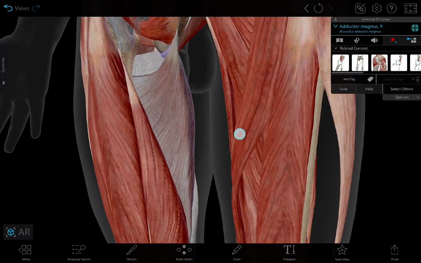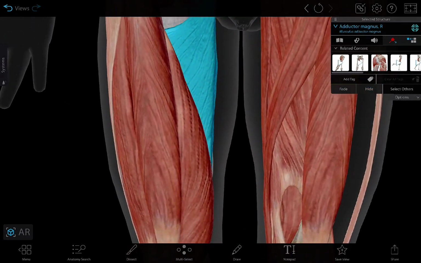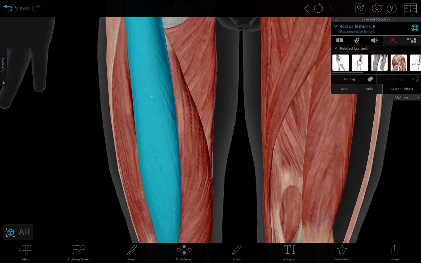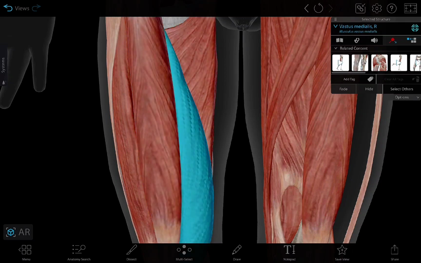You'll get an even clearer view when I remove these three muscles: the vastus medialis, vastus lateralis, and the rectus femoris. We are dissecting these three quad muscles, and one more important quad muscle is the vastus intermedius. So these three are already there, the vastus lateralis, rectus femoris, and vastus medialis.